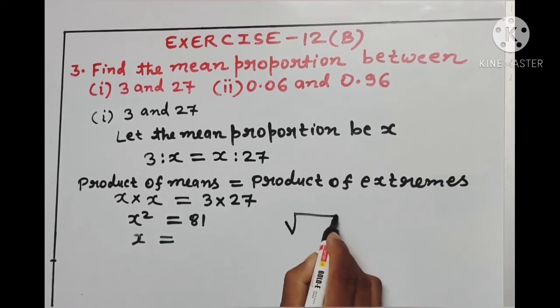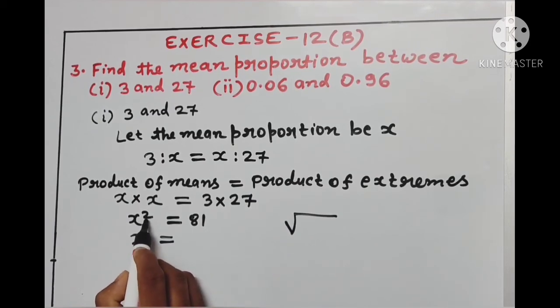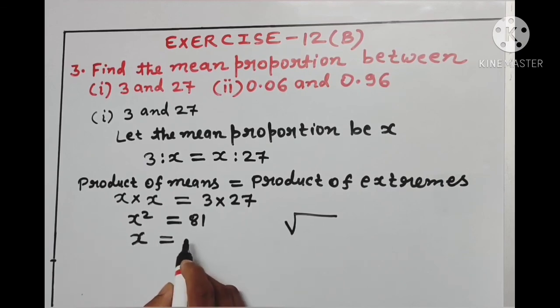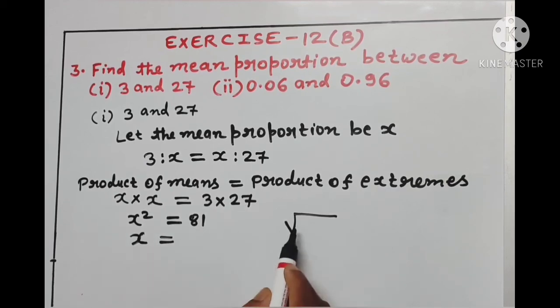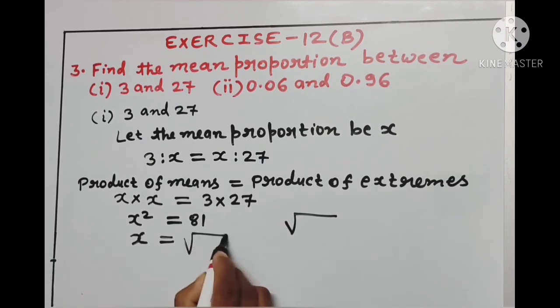This is the symbol of square root. So again I am saying, when we remove this square, this 2, then we have to write this number under this square root symbol, and it is equal to square root 81.